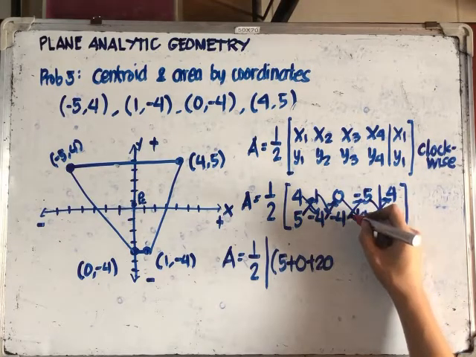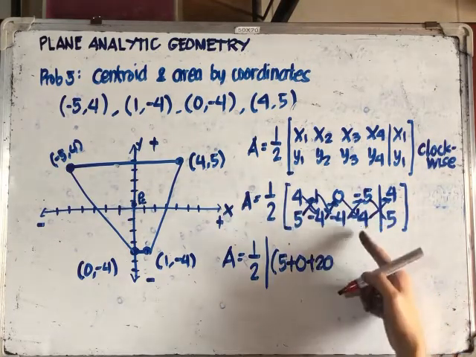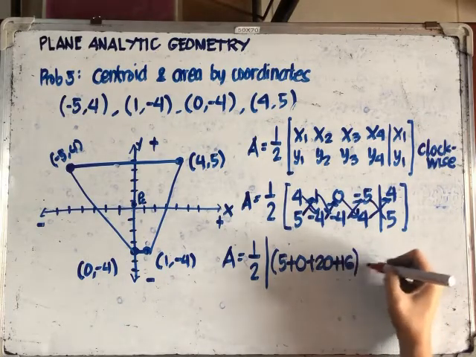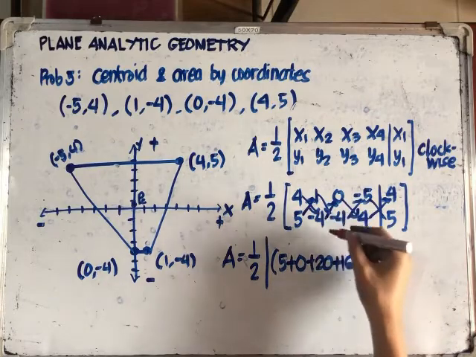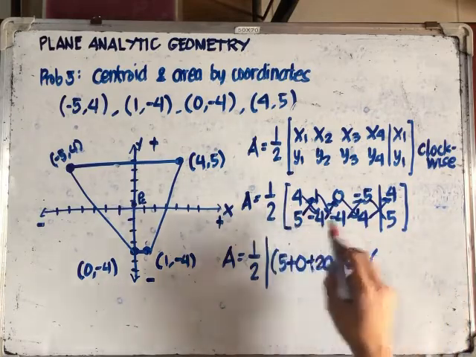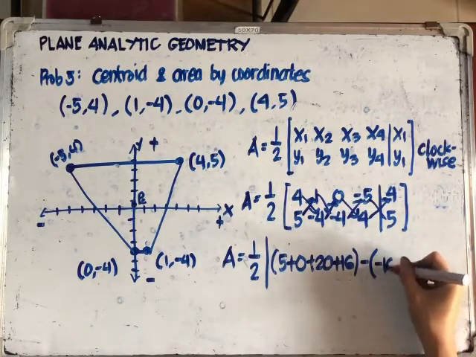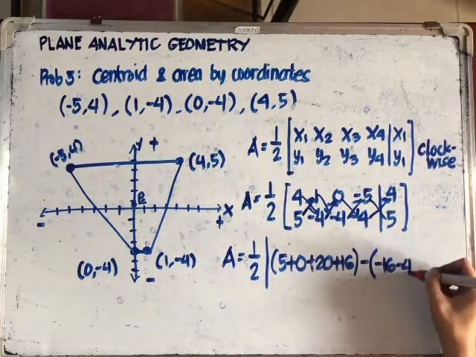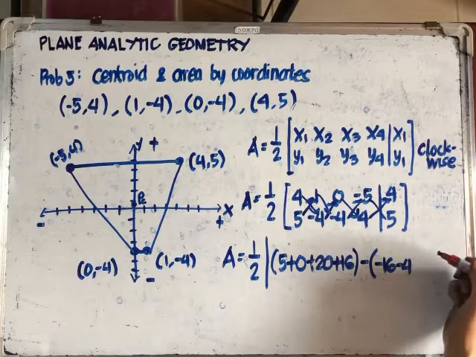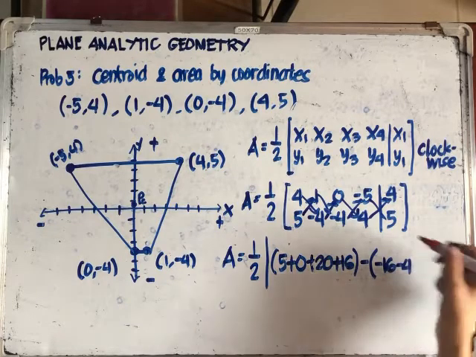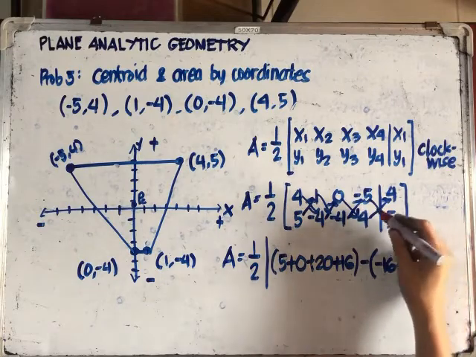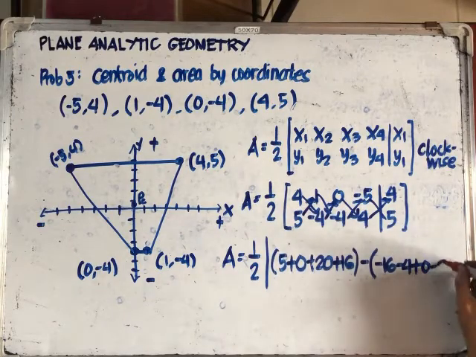Okay, this is an arrow pala. Positive 4 times positive 4 is plus 16. Tapos, ima-minus mo siya ngayon sa lahat ng downward natin. So, you have 4 times negative 4 is negative 16. And then, 1 times negative 4 is negative 4. You have here, 0 times 4 is 0. And then, you have negative 5 times 5 is negative 25.